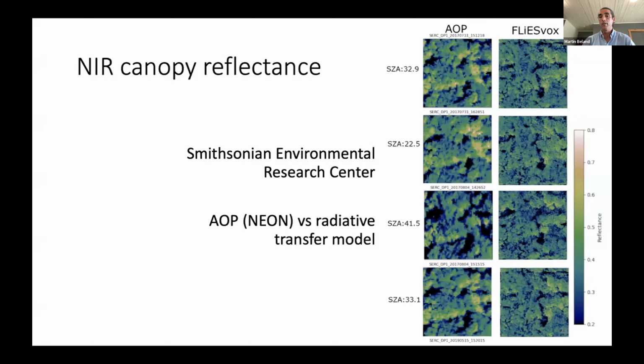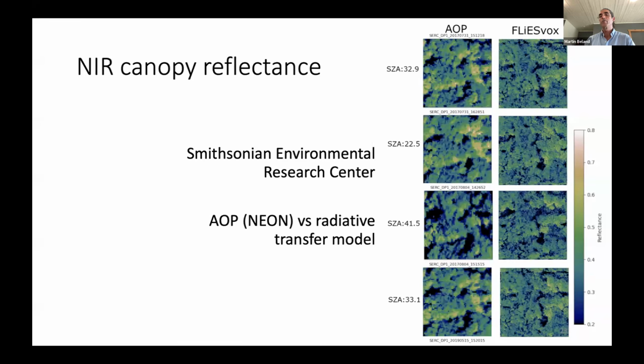And in this case, we model the reflectance and compare it to an actual observation. So this on the left is an observation from the NEON Airborne Observatory of the same plot at the Smithsonian in Maryland. And what we can see is that there are some differences between modeled and observed reflectances, but there are some similarities as well.